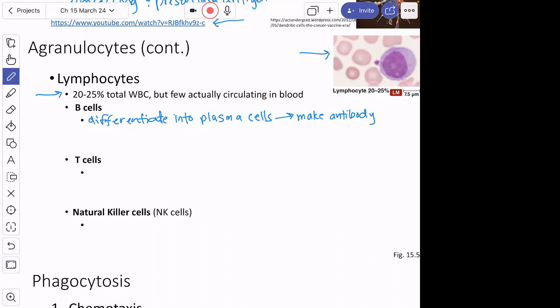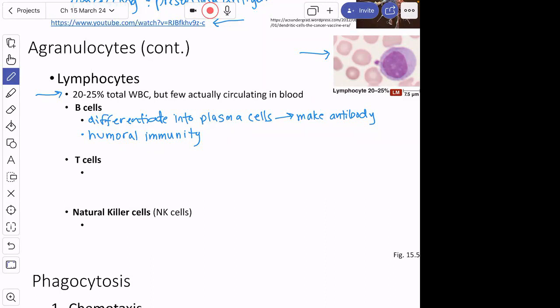But we consider B cells to be functioning in, you might have heard the term, humoral immunity. The body's humors are just fluids. So antibodies function mostly in our bloodstream. They can leave our bloodstream, but that's usually where they're going to start out.